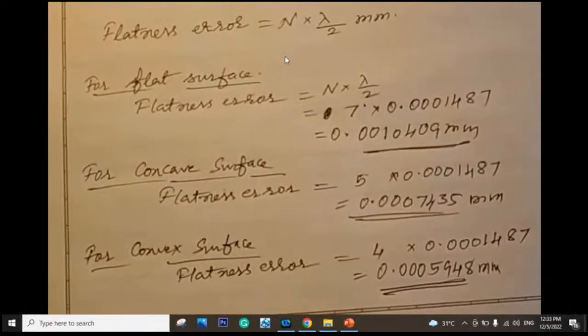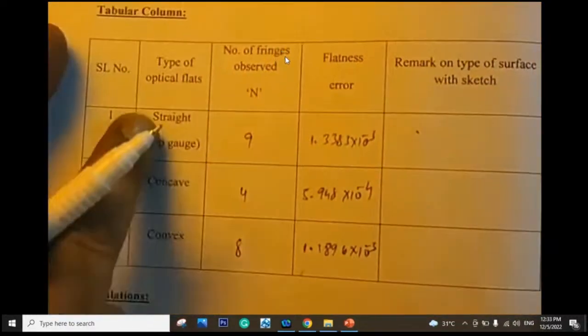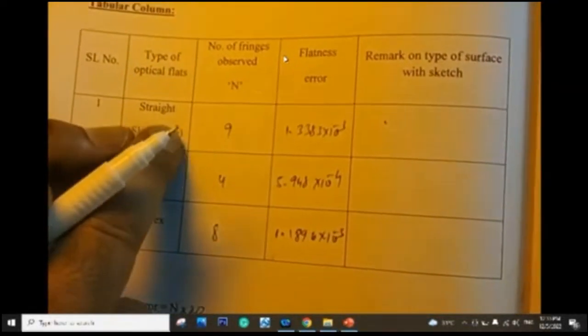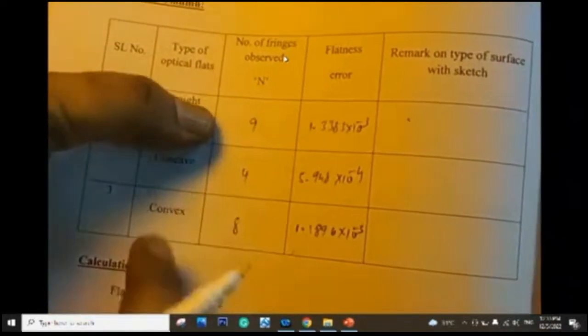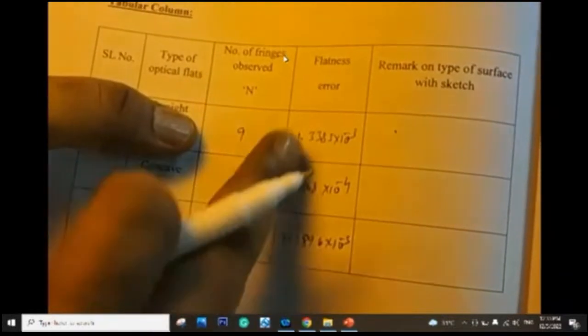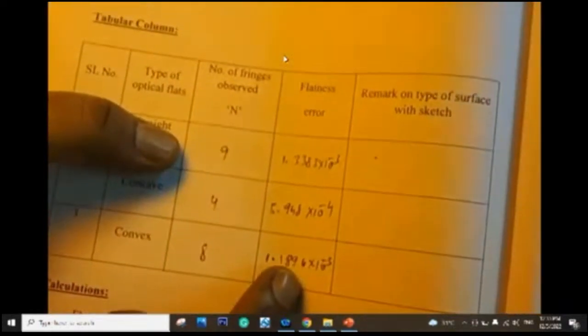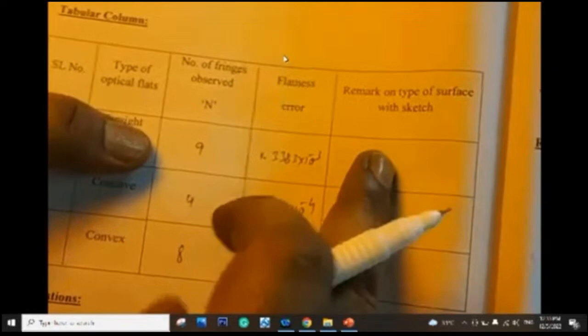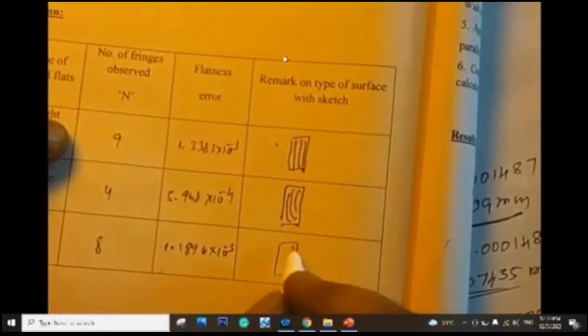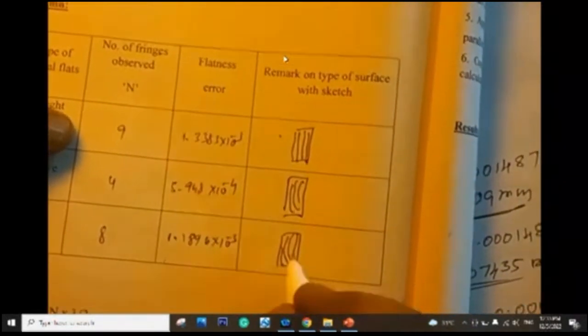So this is the tabular column where some students have done this. For the straight or flat surface, and this is the concave, convex, number of fringes, flatness error is there. The remark on the surface, that's what I have written here. For this one straight lines will be seen, and for the curved surfaces, curved lines again, because as the surface is limited, we are going to see the dark bands only in this way.